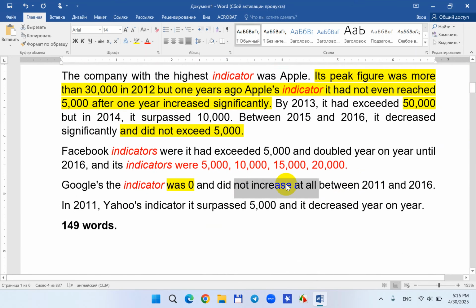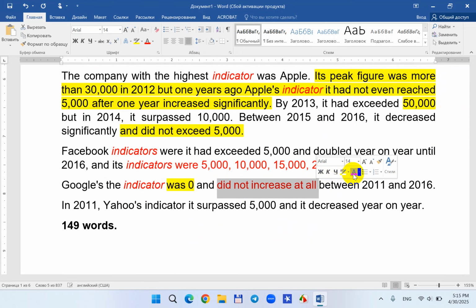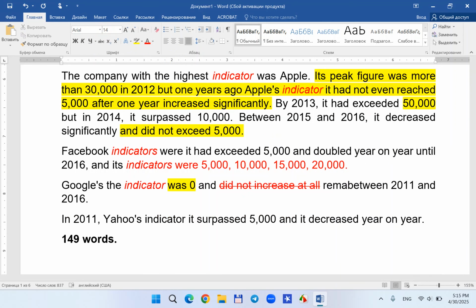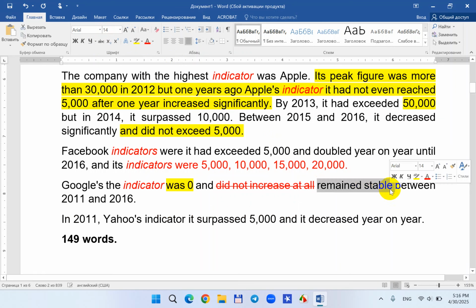You should have said remain stable instead of did not increase at all. It would be much better to say it remained stable. This one would be much better.